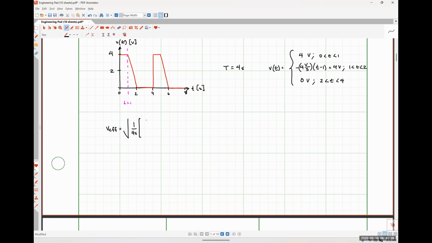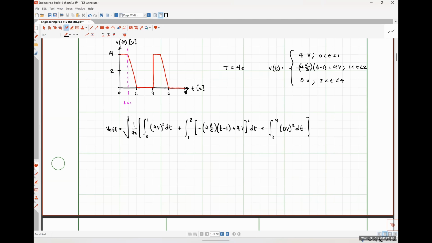multiplied by the integral from 0 to 1 of 4 volts quantity squared, plus the integral from 1 to 2 of -4 volts per second times t minus 1 plus 4 volts, that whole thing squared, plus the integral from 2 to 4 of 0 volts squared dt, like so.